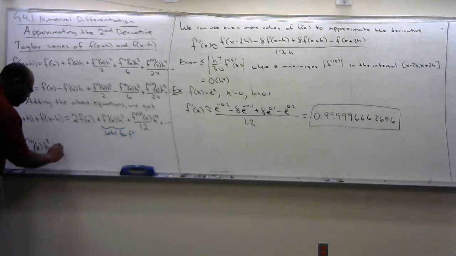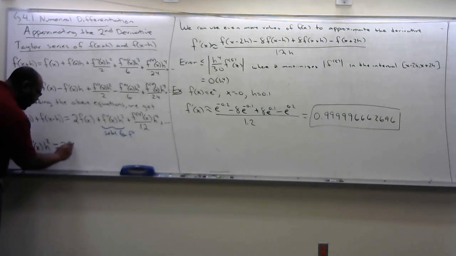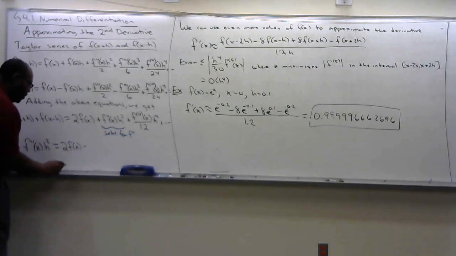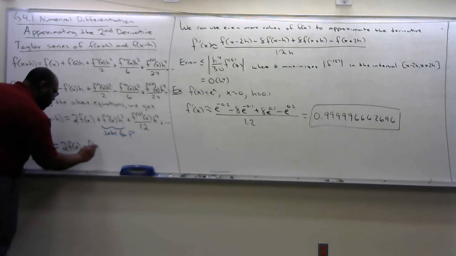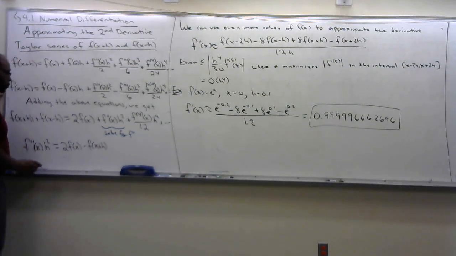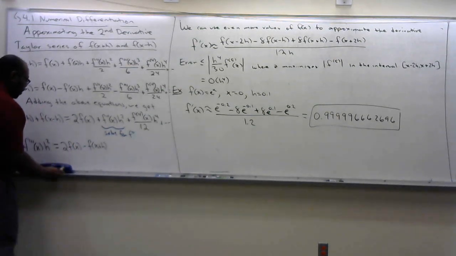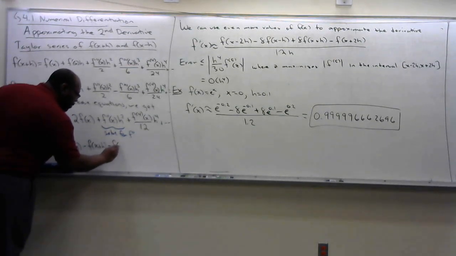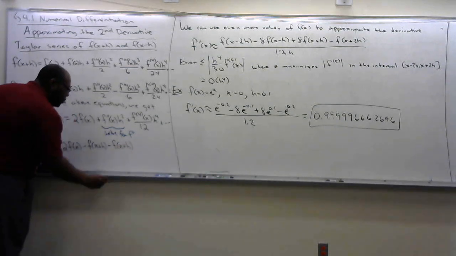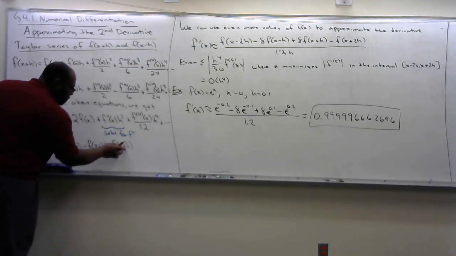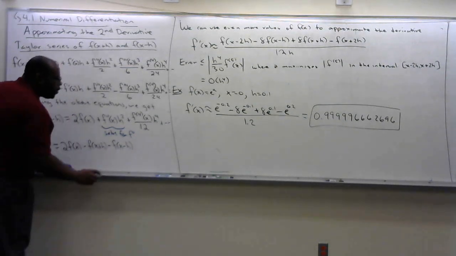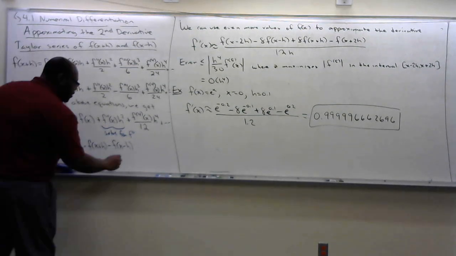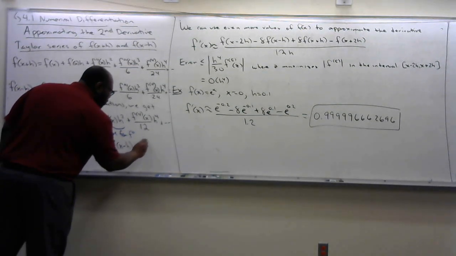So I get 2 f of x minus f of x plus h minus f of x minus h. Plus, I have this fourth derivative here.